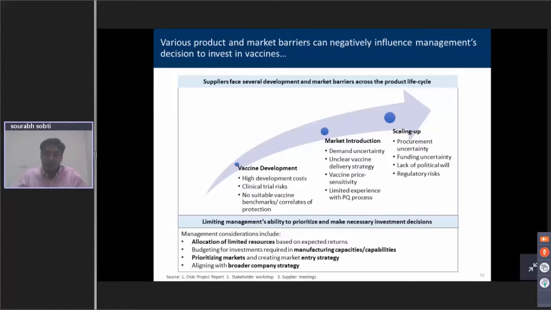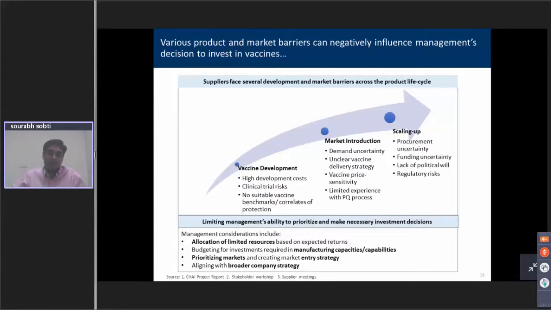The management have multiple criteria or considerations when they are evaluating products and pipeline portfolio. One of them is allocation of limited resources based on expected returns or NPVs, or internal rate of returns employed by various finance heads within the firms. Budgeting for investments required in manufacturing capacities and capabilities, prioritizing markets and creating market entry strategies, and aligning with overall or broader company strategies.